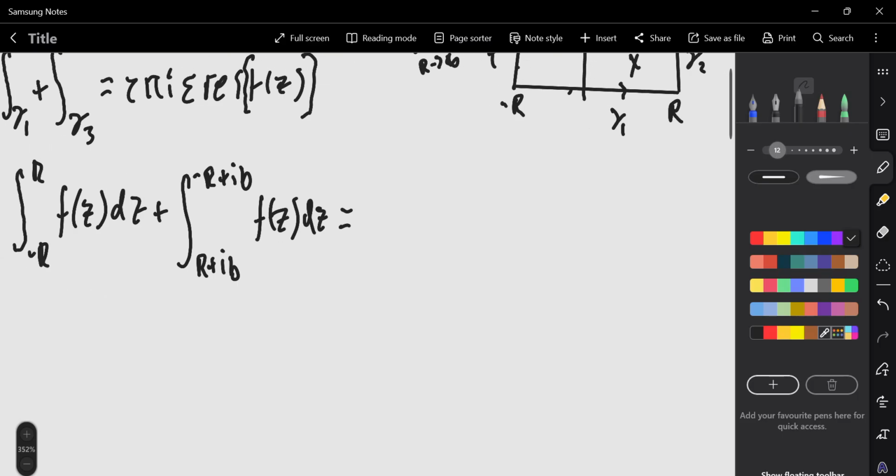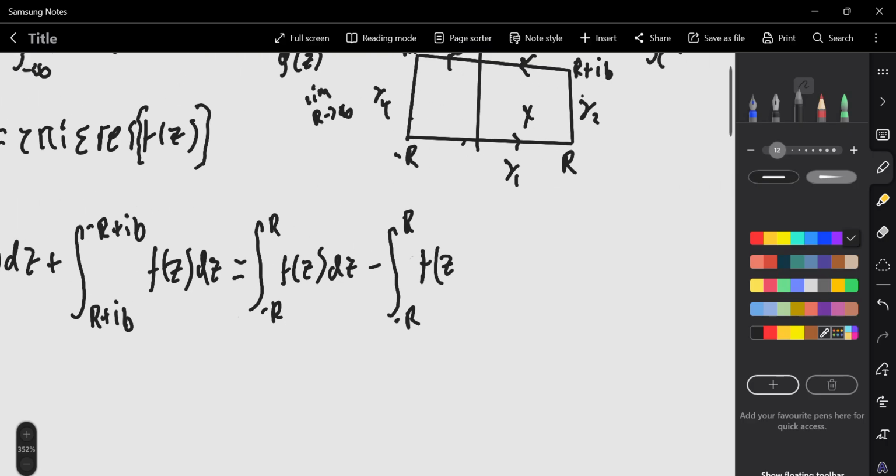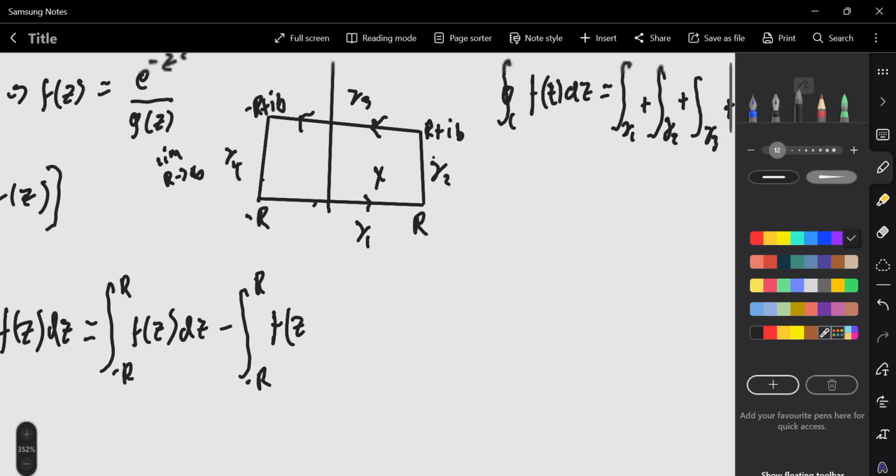We want to change the limits. Minus the integral between minus r and r of f of z plus ib.